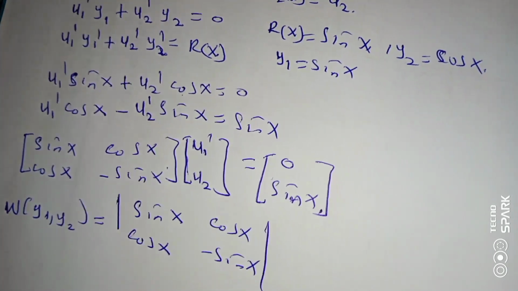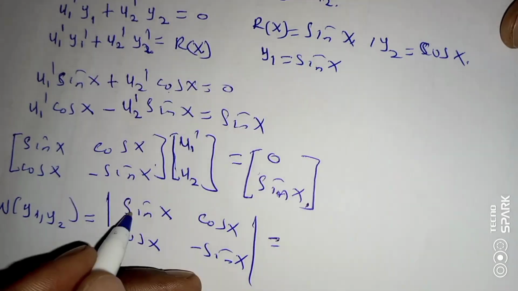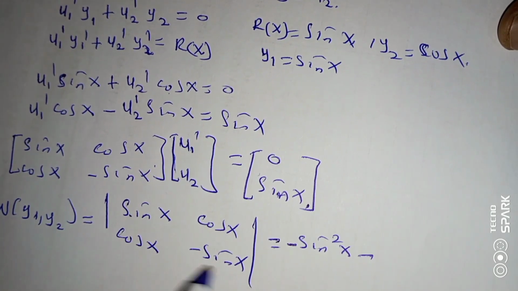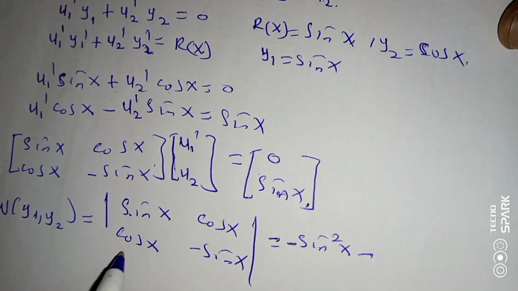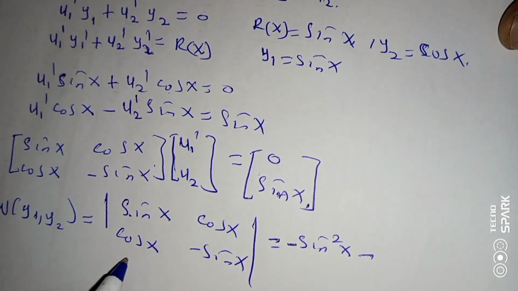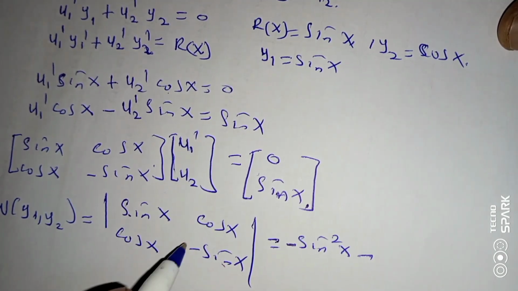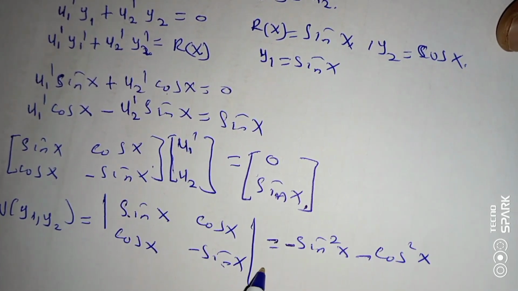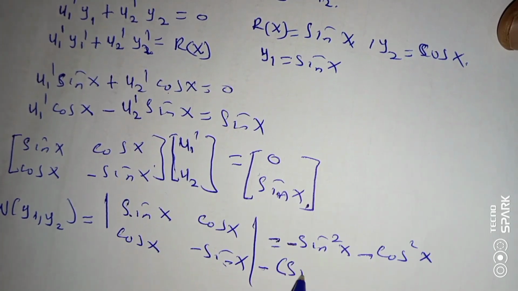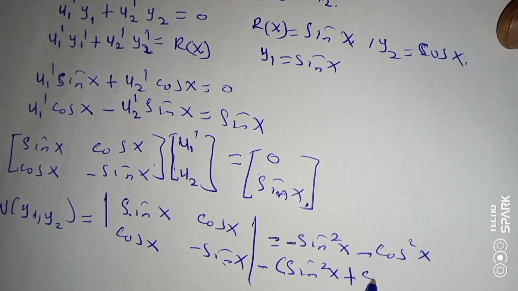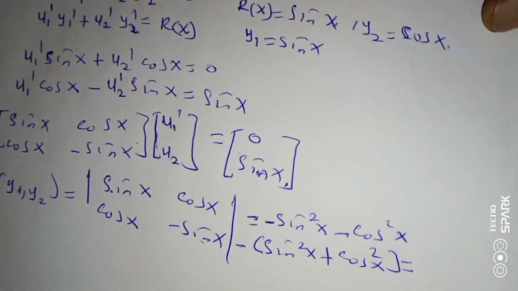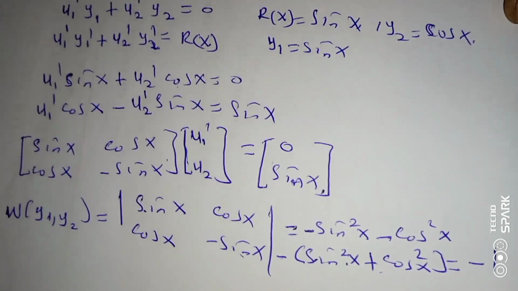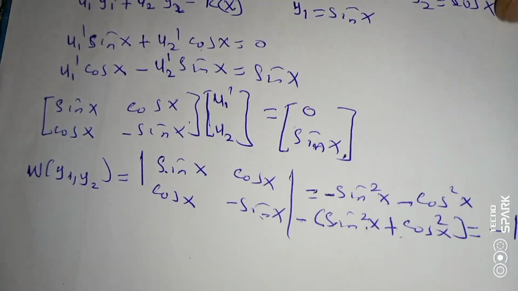You obtain the determinant, which will be sine multiplied by negative sine, giving negative sine squared of x, minus the product of the other diagonal, cos squared of x. From here, you can factor the negative outside so that you'll be left with sine squared of x plus cos squared of x, which is equal to 1. Multiplied by negative, it will give you -1.